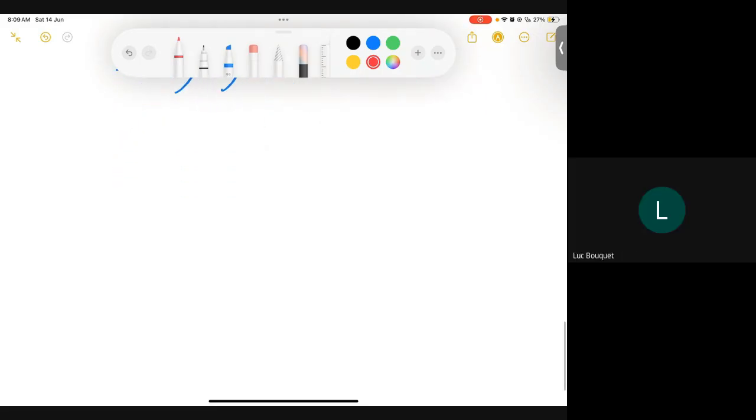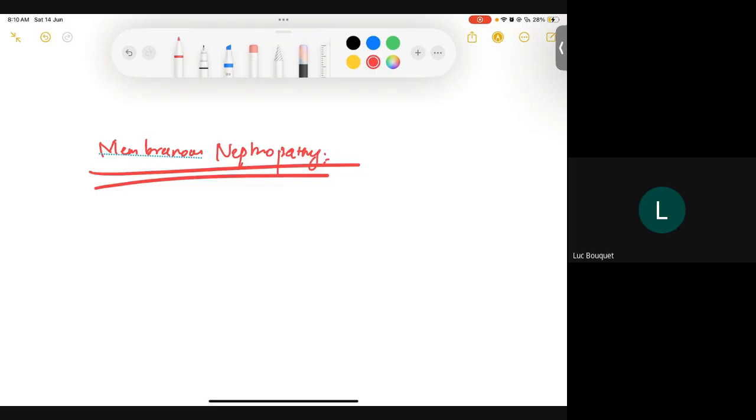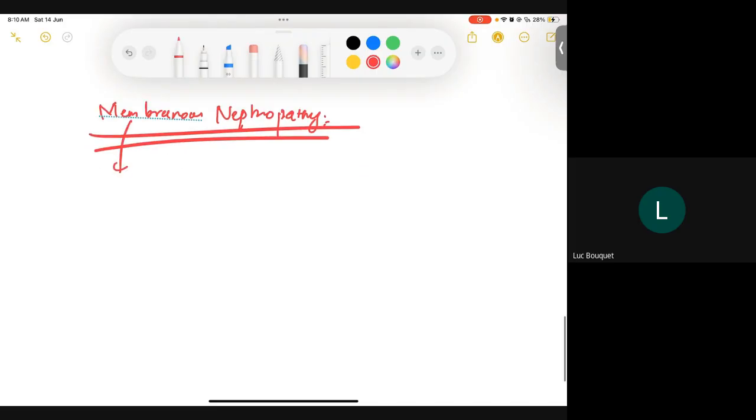So now let's discuss these pathologies in detail, right? The first pathology is going to be membranous nephropathy, okay? So now we have the word membranous. Two things should just come to your mind. Who is going to tell us those two things?